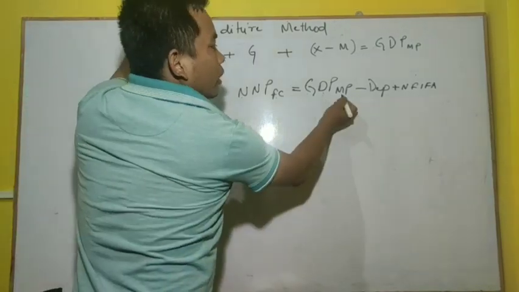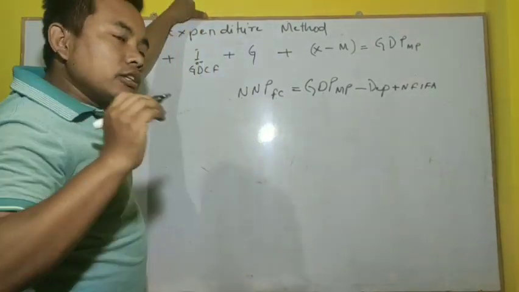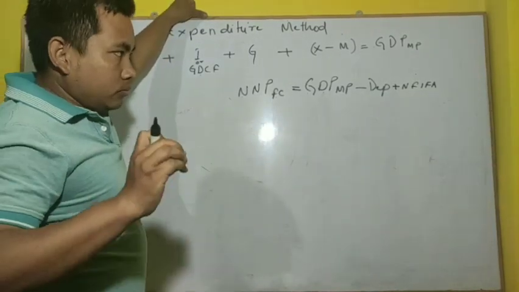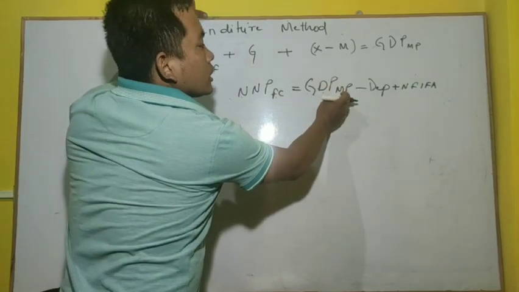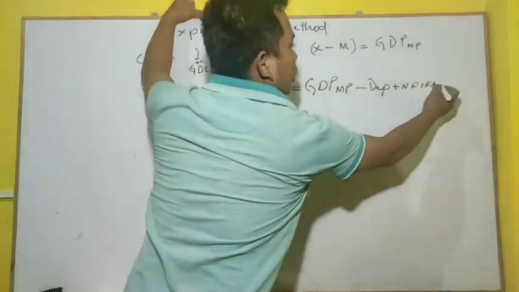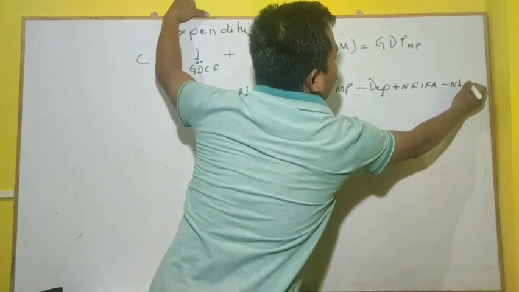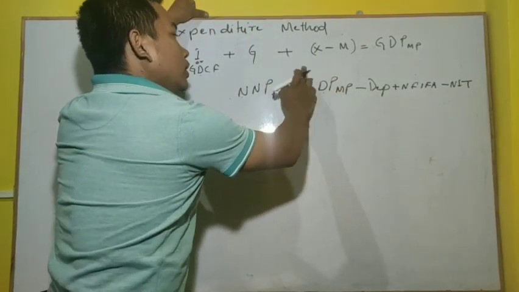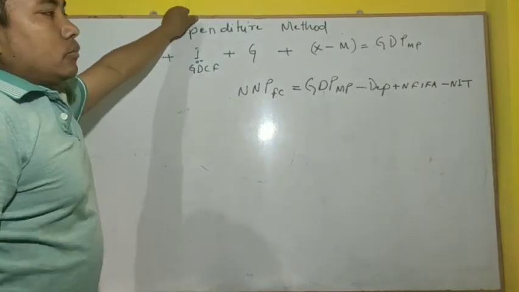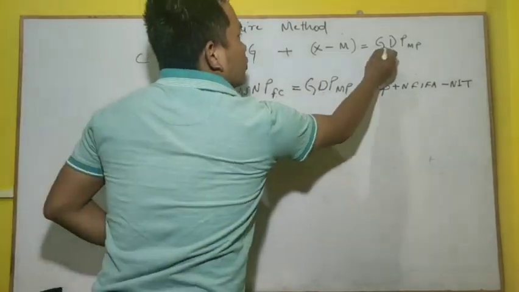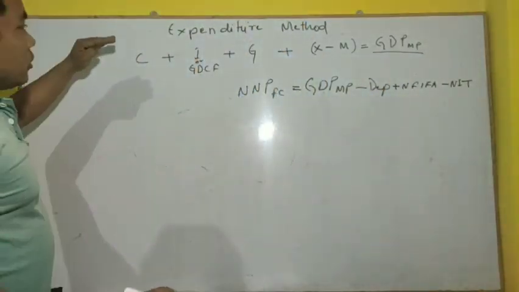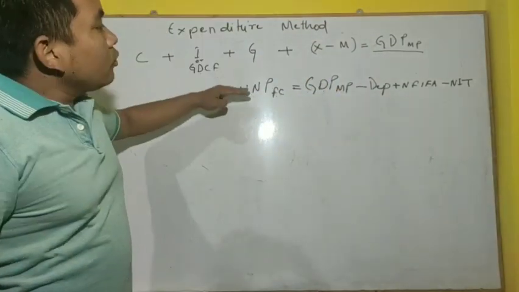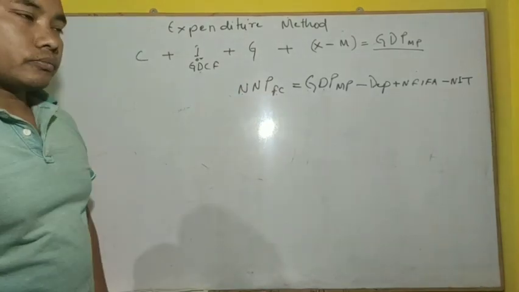In market price, we have NIT value, but in factor cost, we don't have NIT value. So, in order to convert this MP into FC, we need to subtract net indirect taxes from the market price. After that, this MP will be converted into FC. So, this is how, once we get GDP MP from the first equation, it is easy to convert that GDP MP into NNP-FC, which is national income.